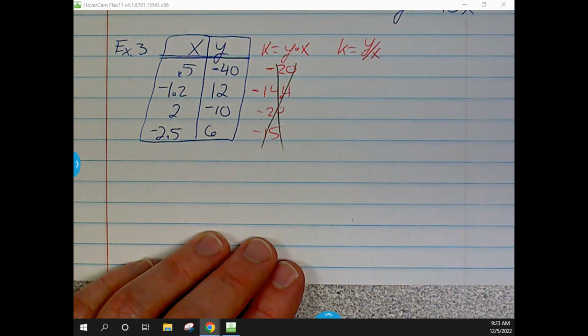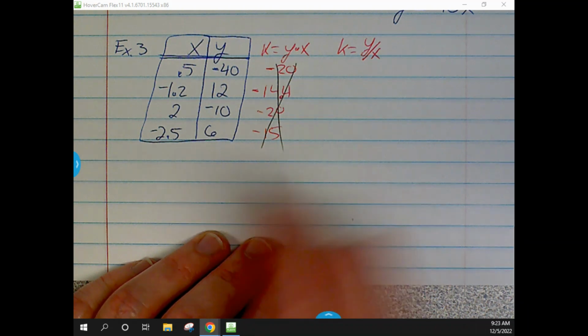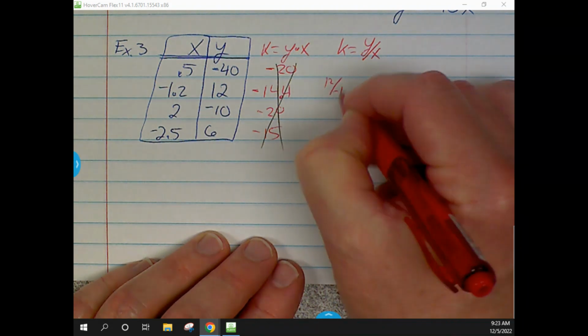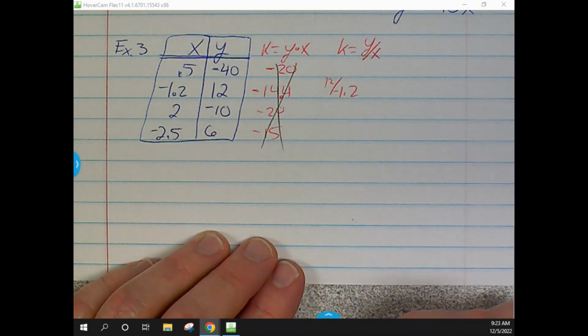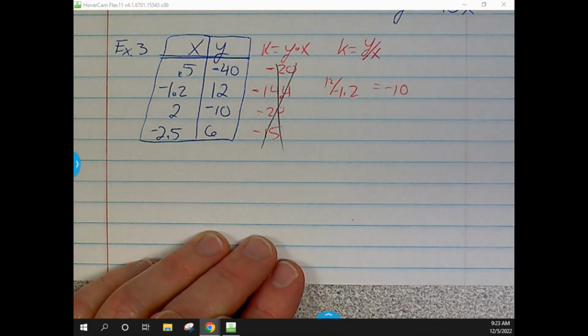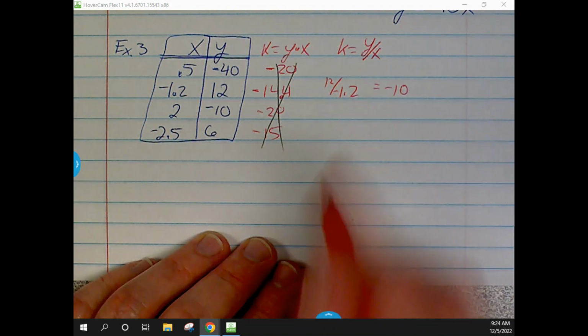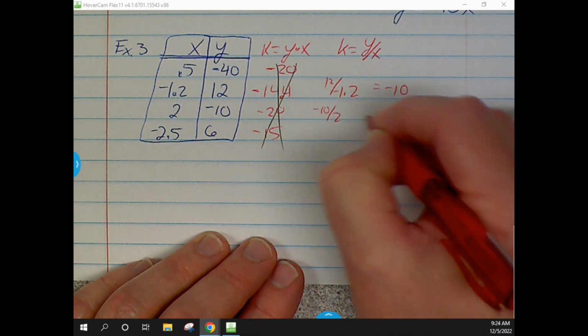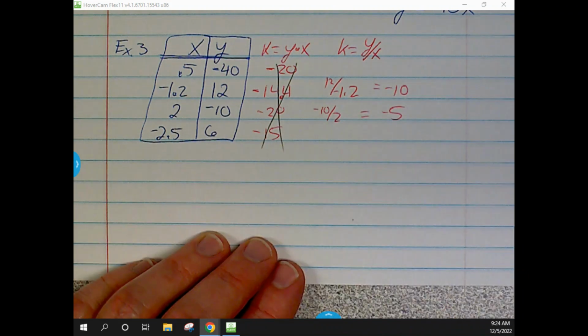All right, so we are going to check y divided by x. And again, if you just check a couple of them, if you do 12 divided by negative 1.2, that's negative 10. If we do negative 10 divided by 2, that is negative 5. So that's not going to work.